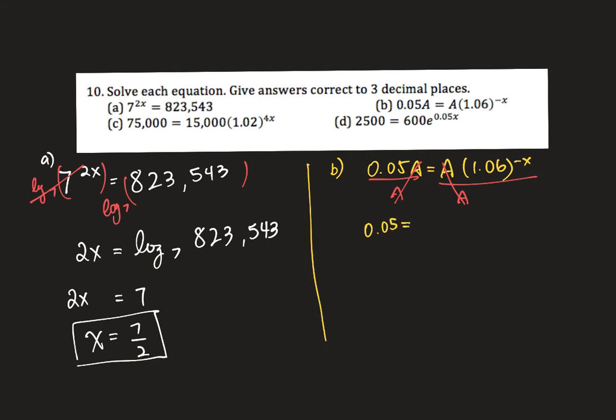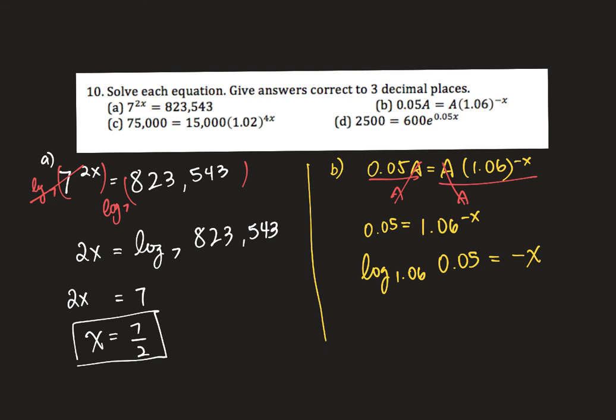0.05 is equal to 1.06 raised to negative x. Again, I already know I can just take the logarithm base 1.06 of each side, or I can set up that equation. So I already know I'm going to keep that log base 1.06 of 0.05 is equal to negative x.